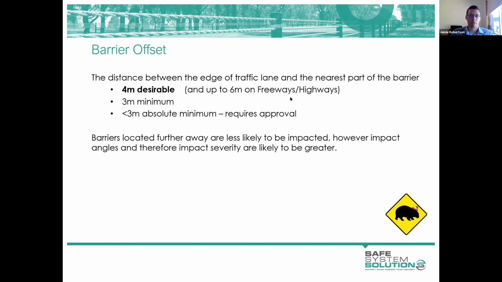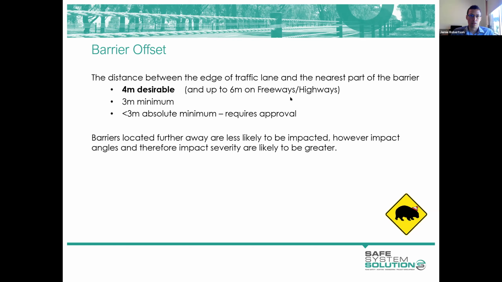And if we have the luxury of being able to push the barrier further away, which we sometimes do on our higher class roads, we can go up to 6 metres. We don't want to push beyond 6 because then we're opening up higher impact angles and rollover possibility. So 4 to 6 metres is the preferred window in Victoria.